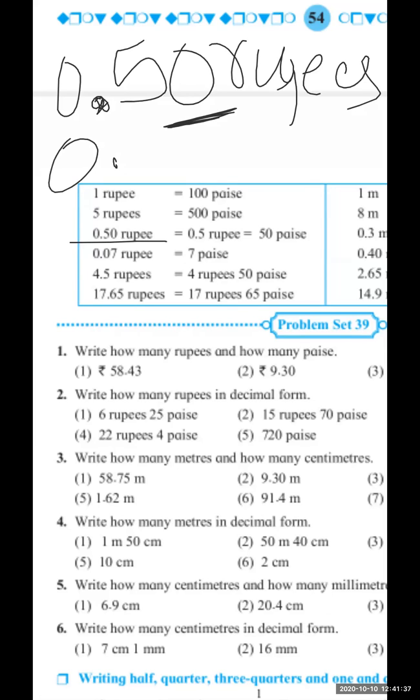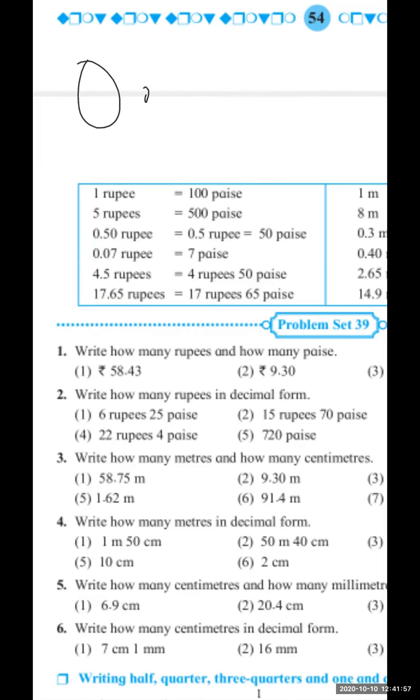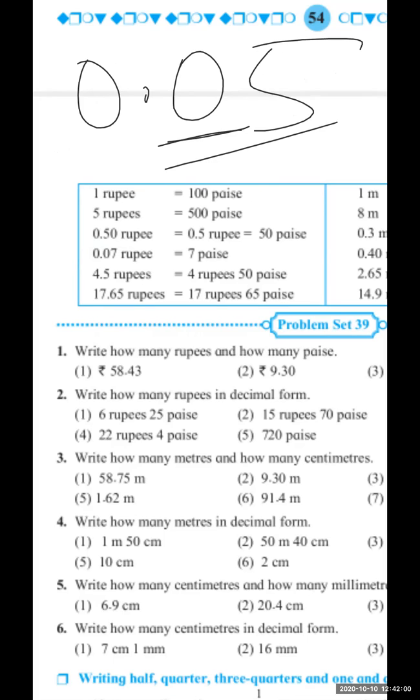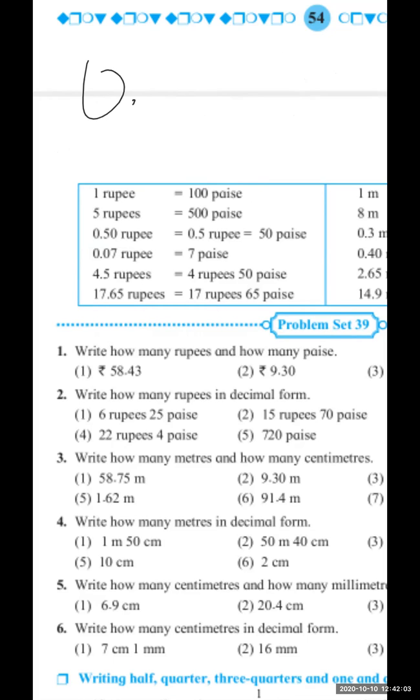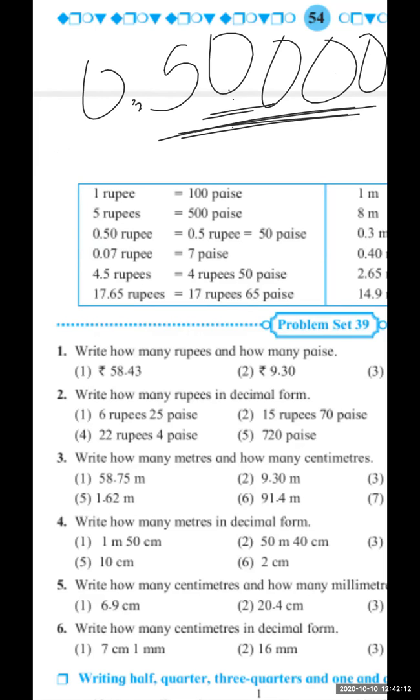So we can write this 0.50 as 0.5 also. I am talking about the 0 at the end of the decimal, not the one before the number. If 0 comes before the number, it has value, but if it comes after a digit, then this 0 has no value. If it were 0.05, this 0 has value, but a 0 coming after a digit as the last 0 has no value. Even if I add 4-5 more zeros after it, these zeros have no value. We will still say 0.5, because these 4 zeros do not have any value.